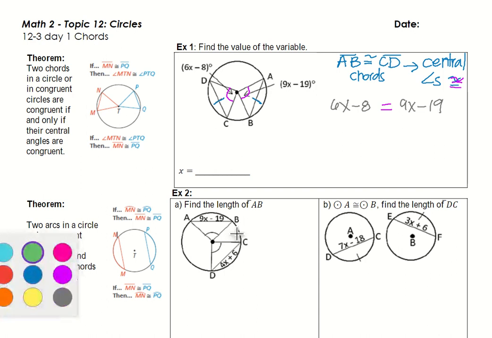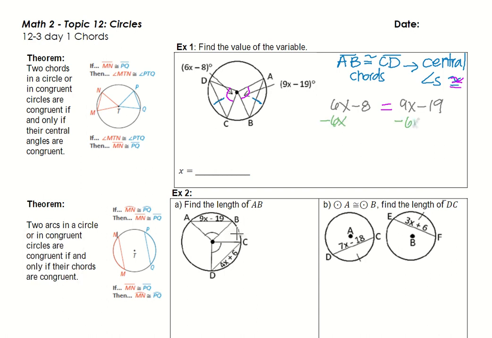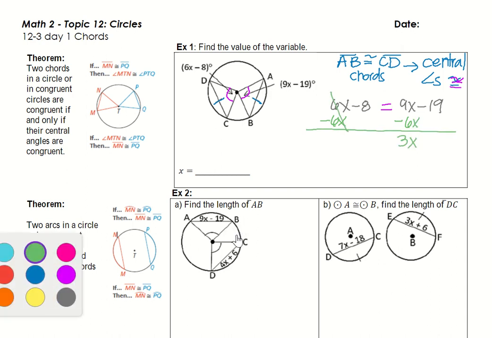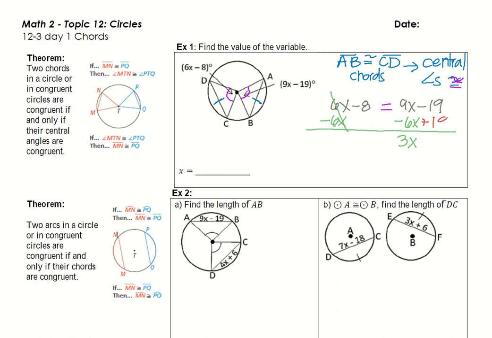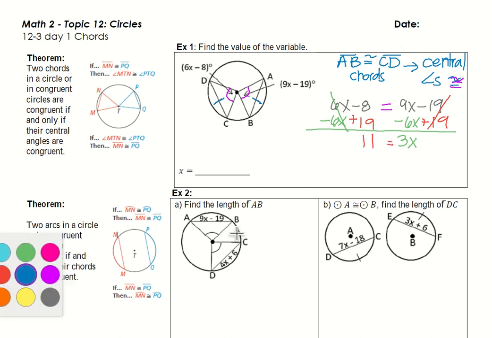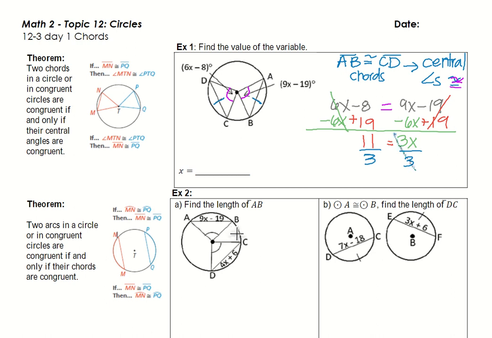So I can subtract 6x and add 19 to solve for x. So that means that 3x is equal to 11. And so if I divide both sides by 3, x is 11 over 3. If I wanted to write that as a decimal, that's 3.6 repeating.